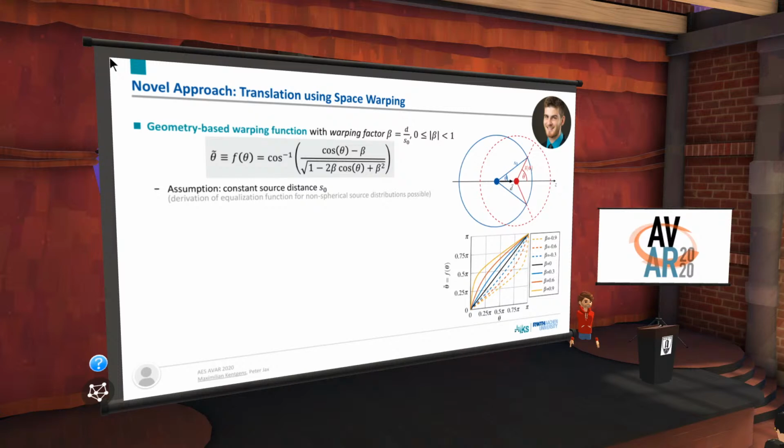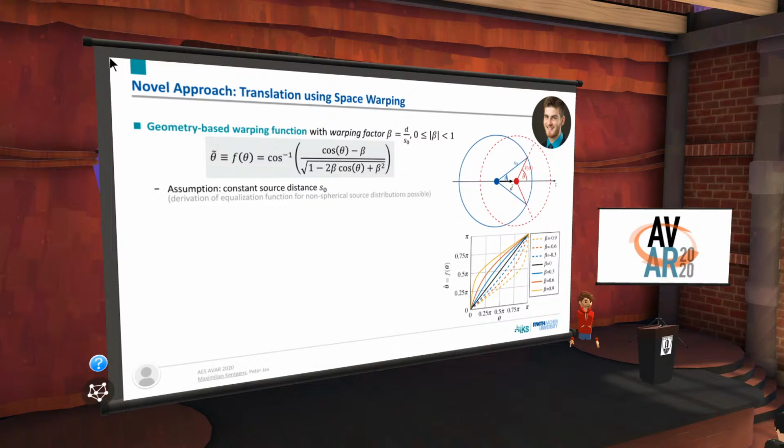And this complex formula that you see here is nothing else than what you see in the top right plot. So imagine you're at the position of the blue dot, and you have sources at a constant source distance S0, which means the blue circle that you see there. And if you now move along the displacement vector d, then you arrive at the red dot, and the angle theta changes to theta tilde.